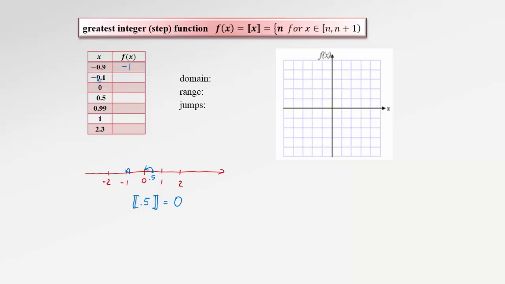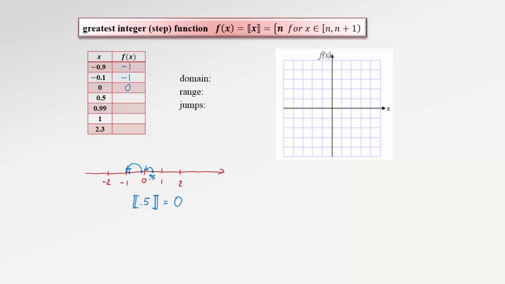For the value of -0.1, even if our number is here, the greatest integer that does not exceed this number will have to be looked at to the left of it, the highest integer that is still lower than our number. So -1 as well. Greatest integer of 0 is still 0 because it's an integer and does not exceed 0.